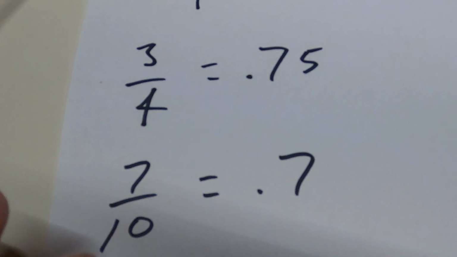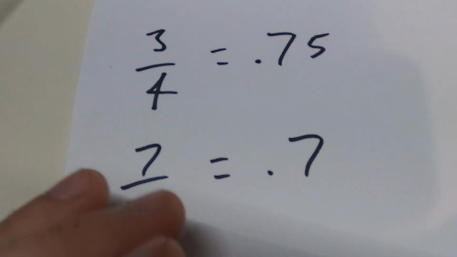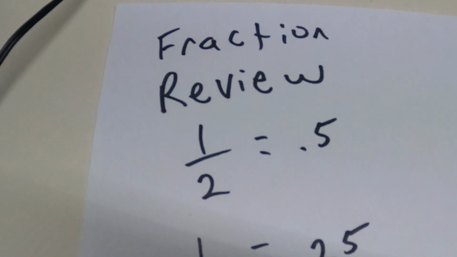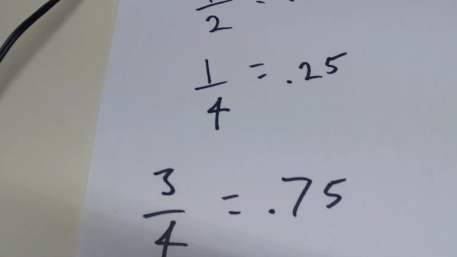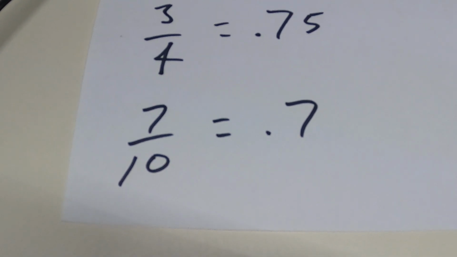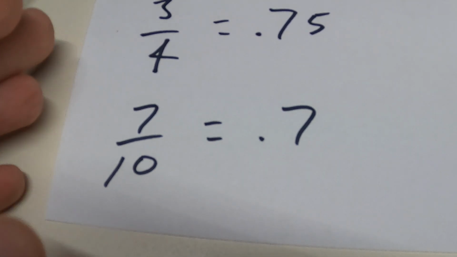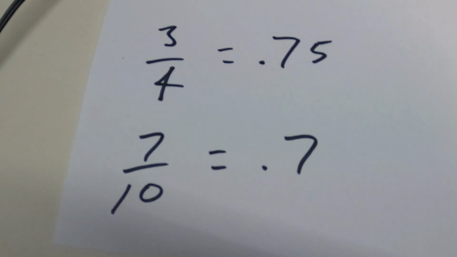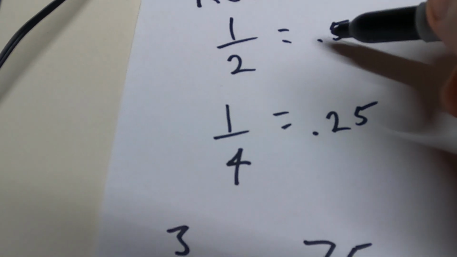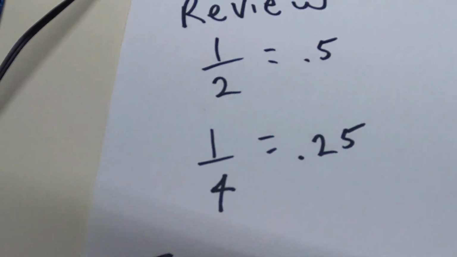Okay, so quick review on that. So decimal and fraction, it's just a different way to represent the same number. So how do we find the decimal version of a fraction?